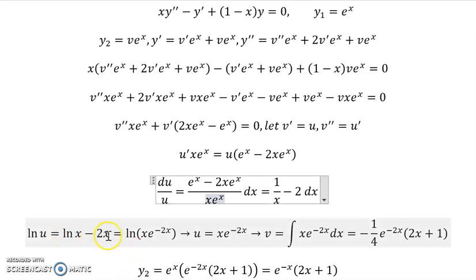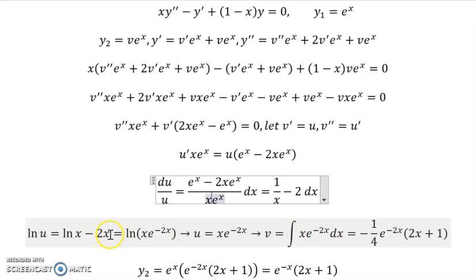What we do need to do in order to solve for u, so that we can solve for v, is a little bit of algebra. So I'm going to rewrite this 2x as e to the 2x so that I can combine it in here.